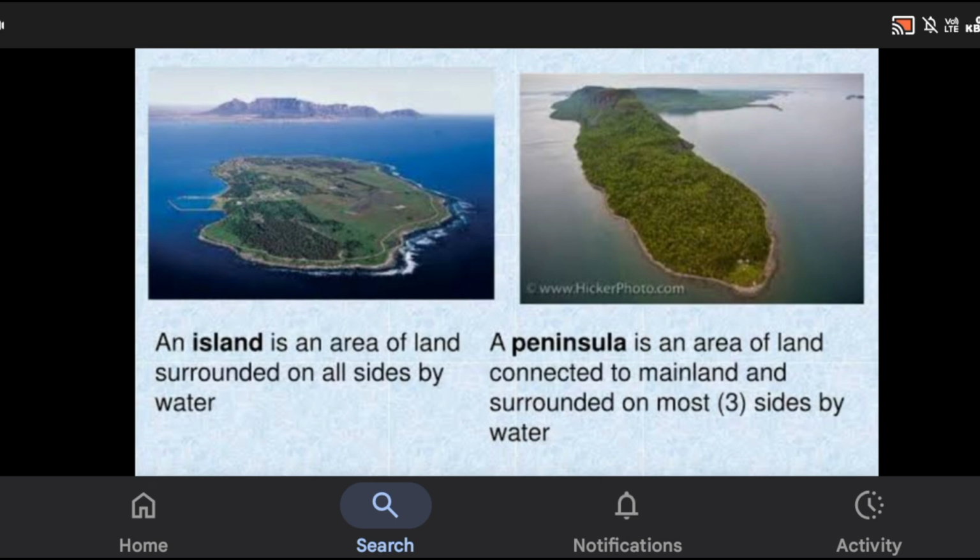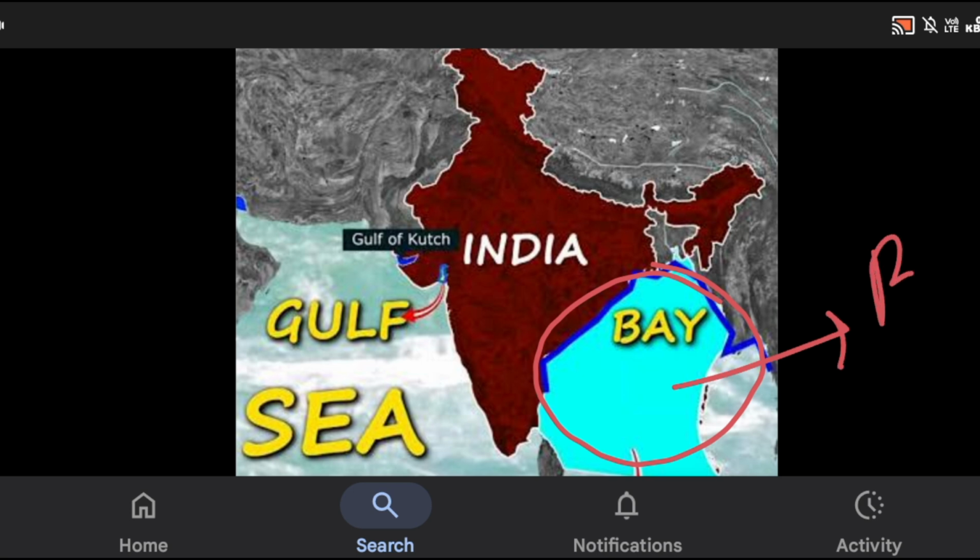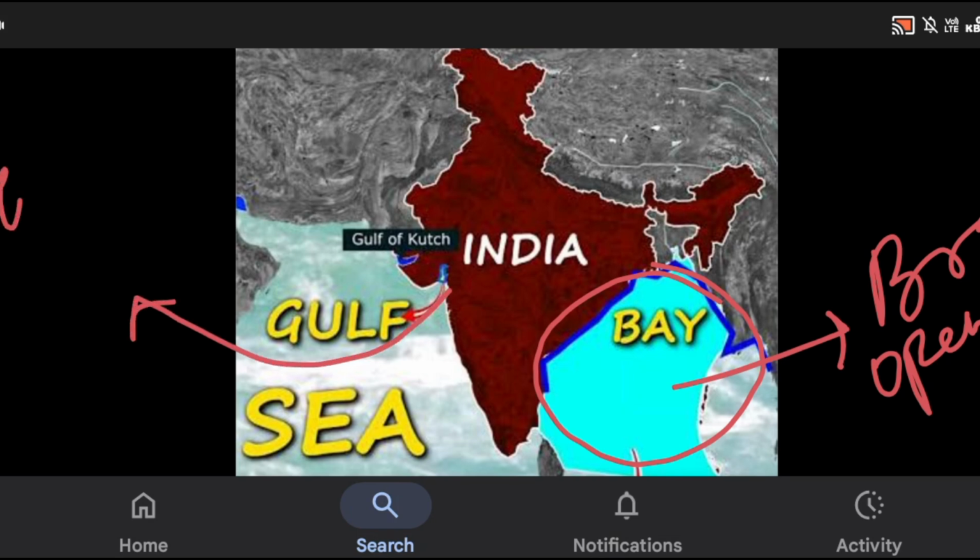Now we will try to figure out what is Gulf and Bay. You can observe from here, a bay is an area of broad opening, and a Gulf is an area of narrow inlet.